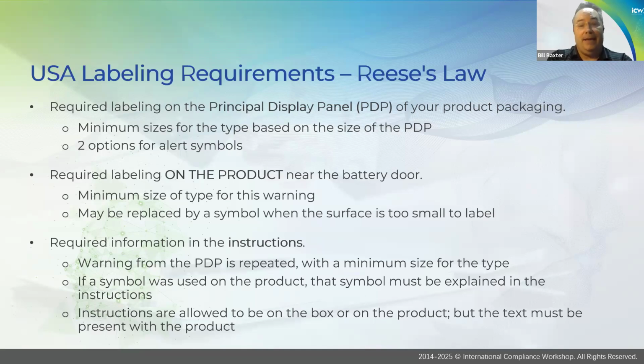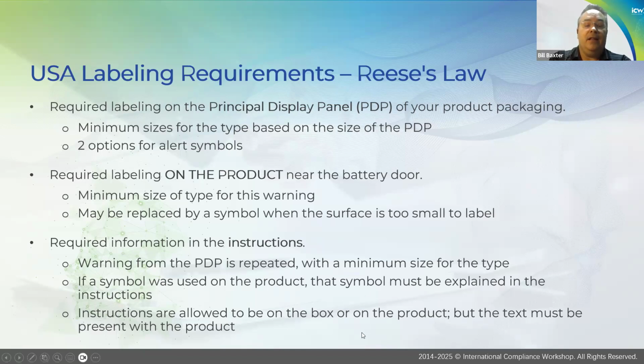And the only response I'm able to give, thanks to the way this is written, is yes, yes, it is. But it's supposed to be because this is part of the education factor. People don't realize the hazards associated with button cells, and a big warning on the box helps them understand that. We're going to go into a little more detail about the alert symbols, so I'm going to gloss over that at the moment.